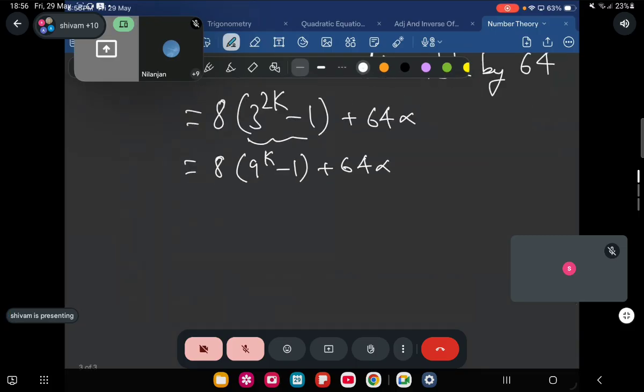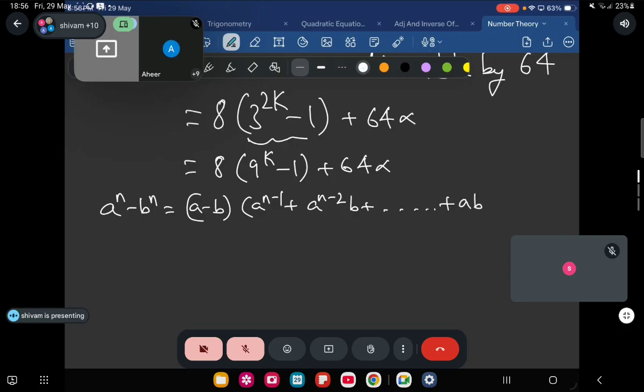So there is a formula. If you remember, a to the power n minus b to the power n is equal to a minus b into a to the power n minus 1 plus a to the power n minus 2 into b, plus dot dot dot, plus ab to the power n minus 2 plus b to the power n minus 1.